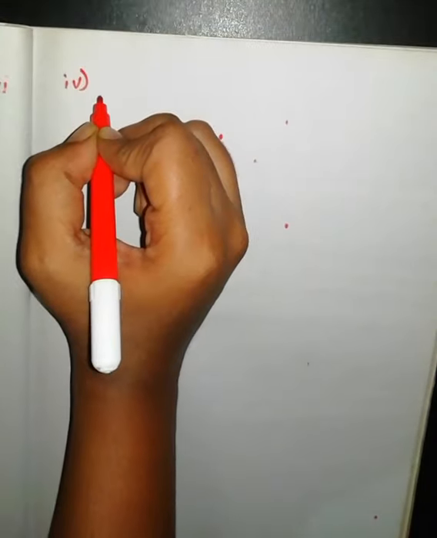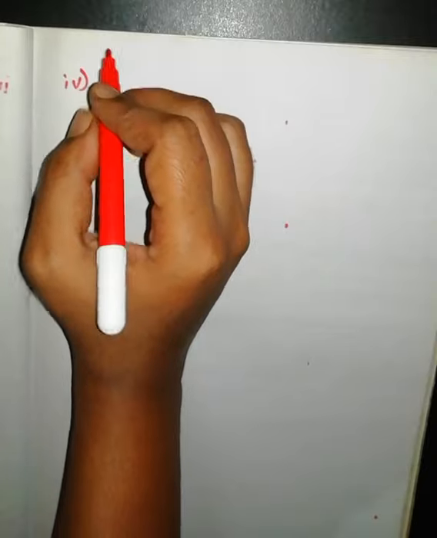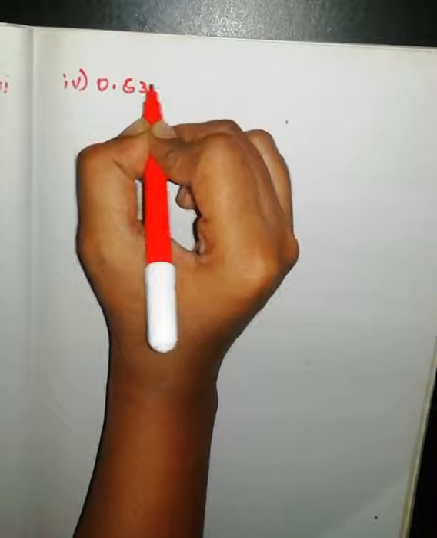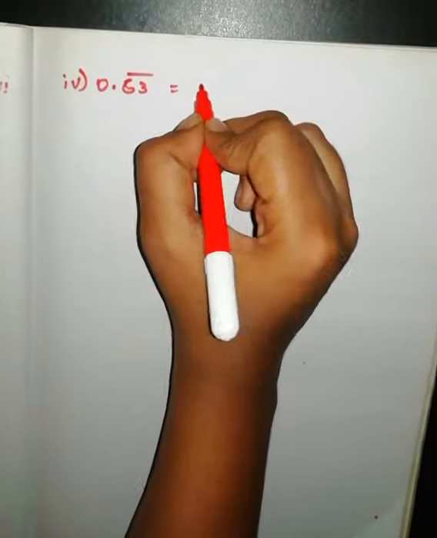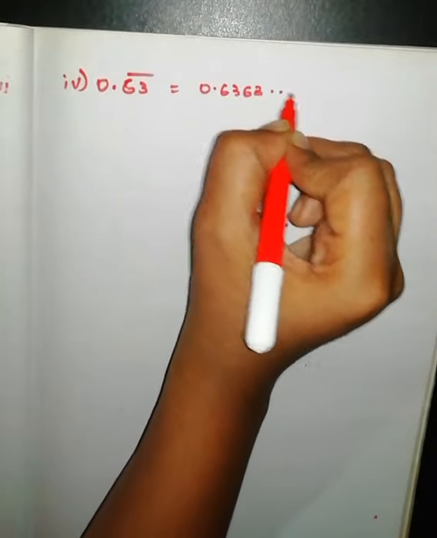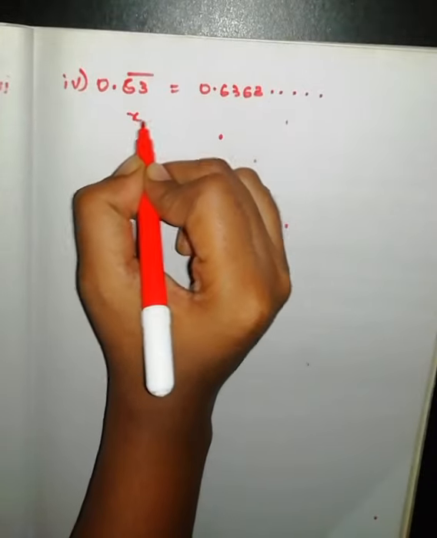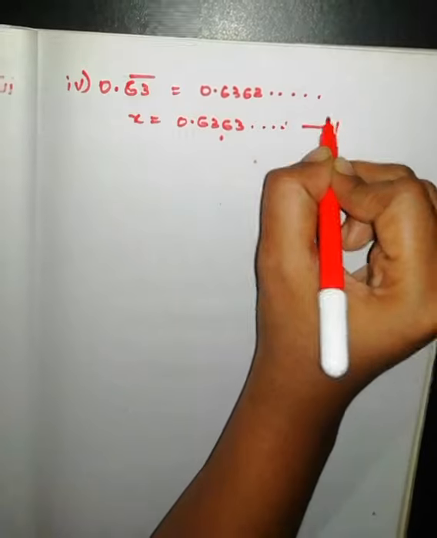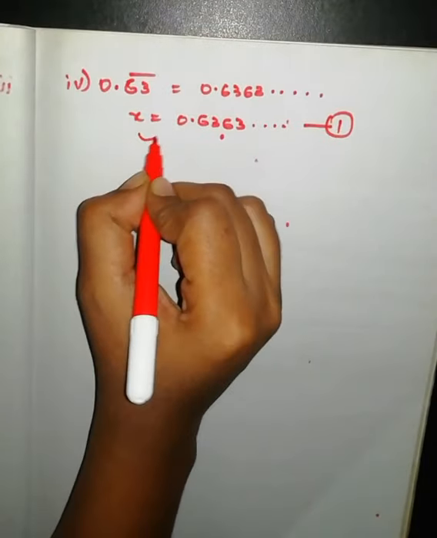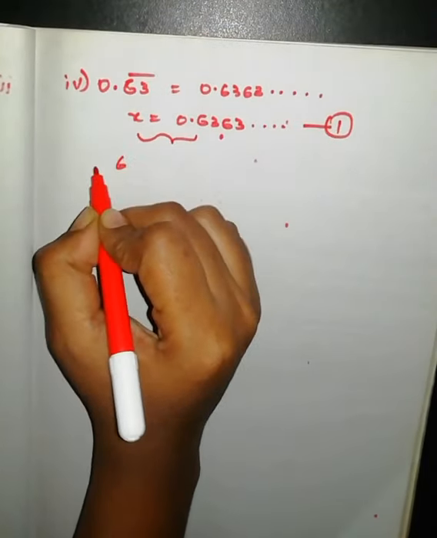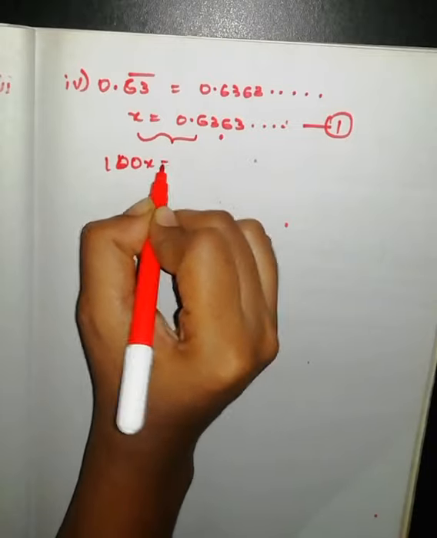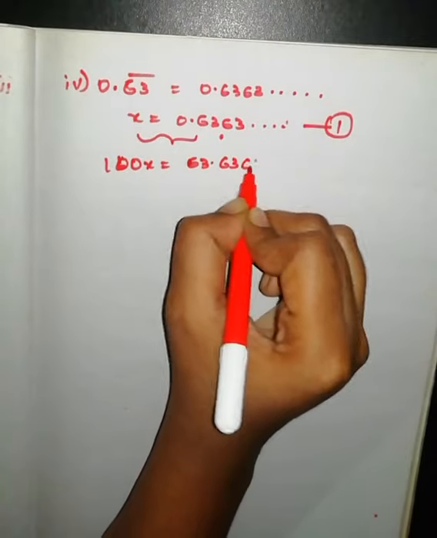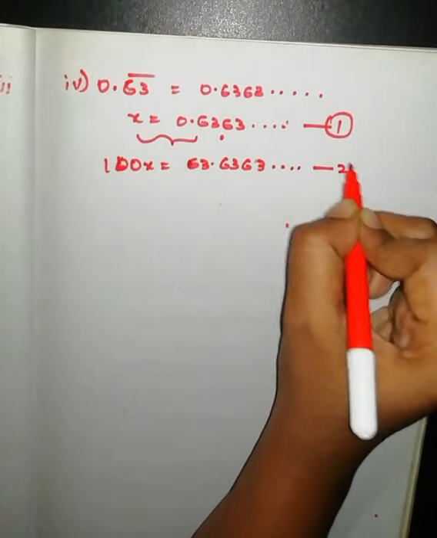Now let's solve the last problem from this exercise. Question is 0.63 bar, which is 0.6363 and so on. Let x be 0.6363 and so on. Let this be the first equation, and by multiplying both sides by 100, we get 100x is equal to 63.6363 and so on. Let this be equation 2.